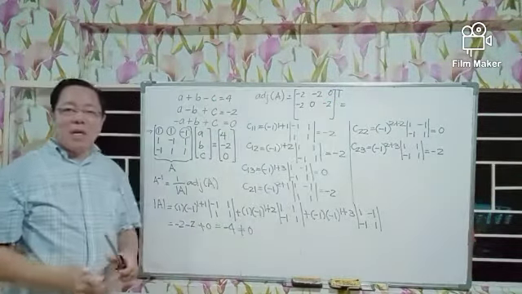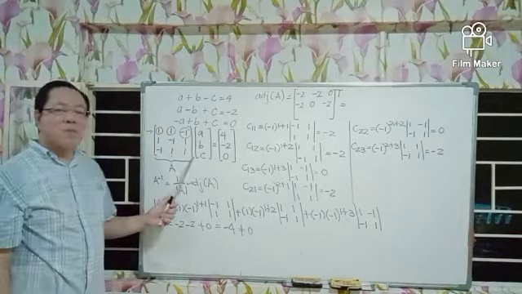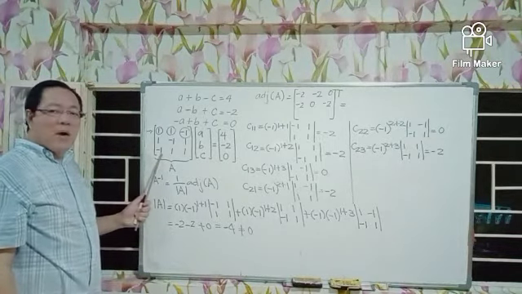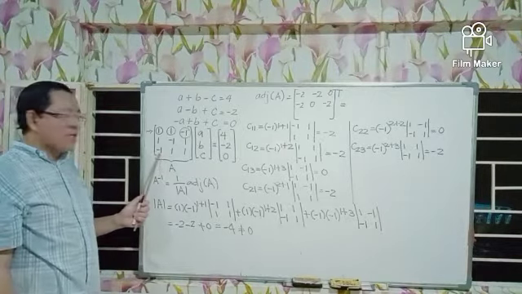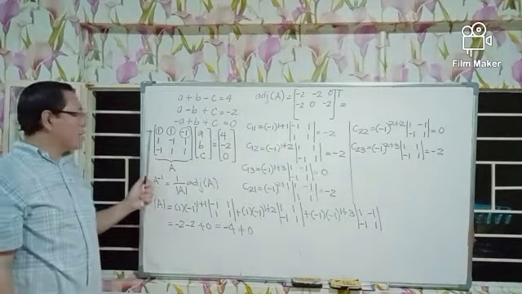We are now in the last row, the third row. Cofactor of negative 1 is denoted by C sub 3, 1 because negative 1 belongs to the third row and the first column.